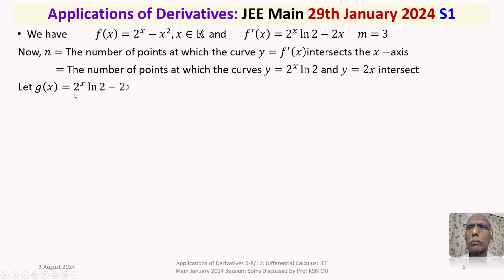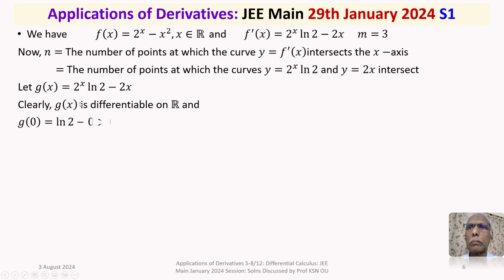Right. Now let g of x is equal to 2 power x ln 2 minus 2x. The intention is not to draw the curves, and once my argument is over, then I will show you the curve. Right. Clearly, g of x is differentiable on the whole of R. Both are differentiable functions, and therefore g of x will be continuous there.